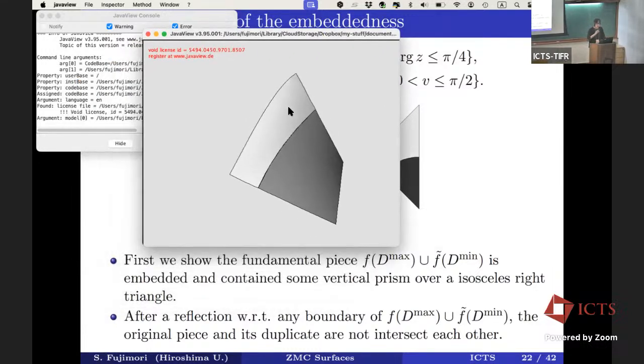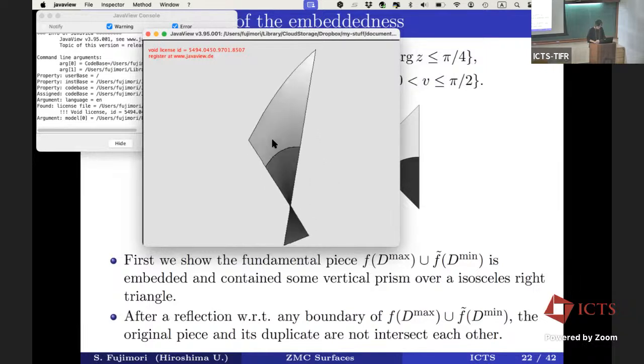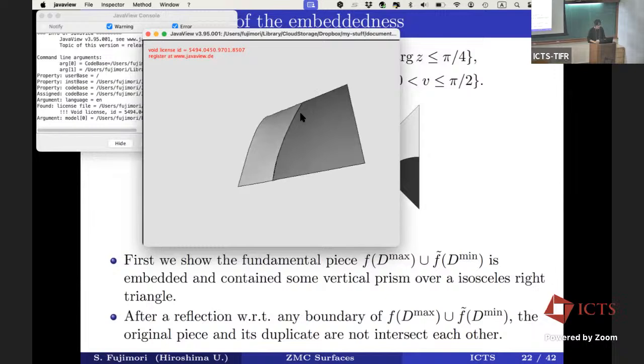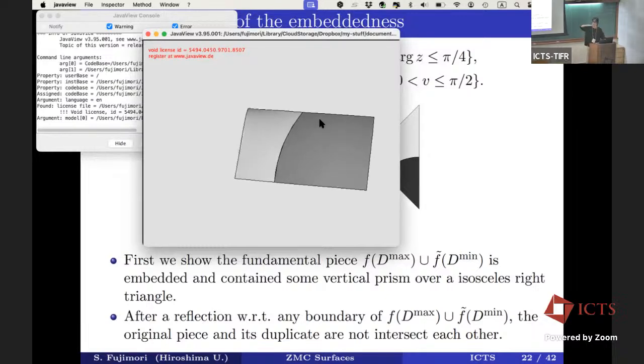First we showed this, and then at each height we cut the surface by a horizontal plane. Then in the intersection we see a curve which has no self-intersection. In such a way, for each level we see an embedded curve.